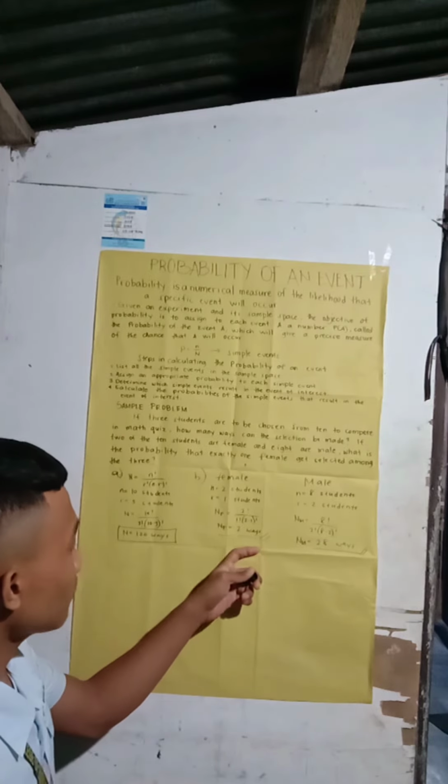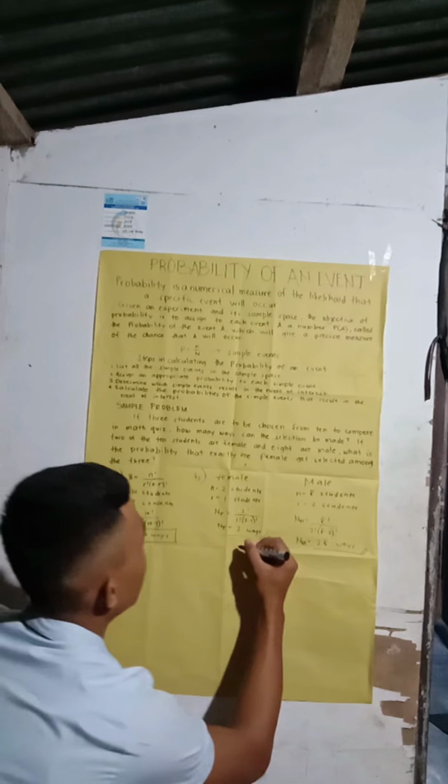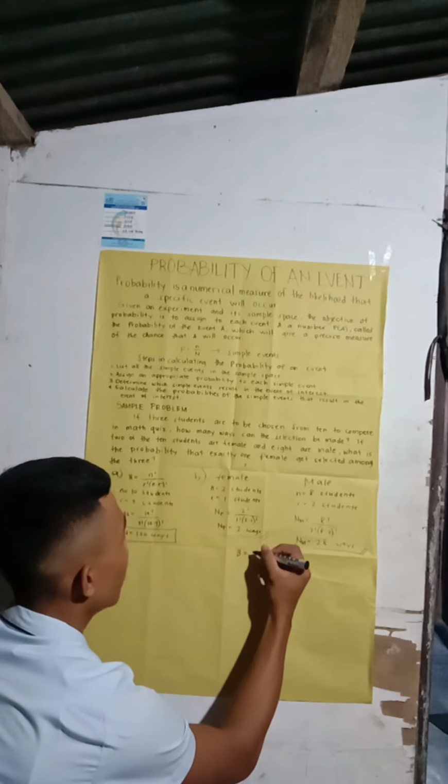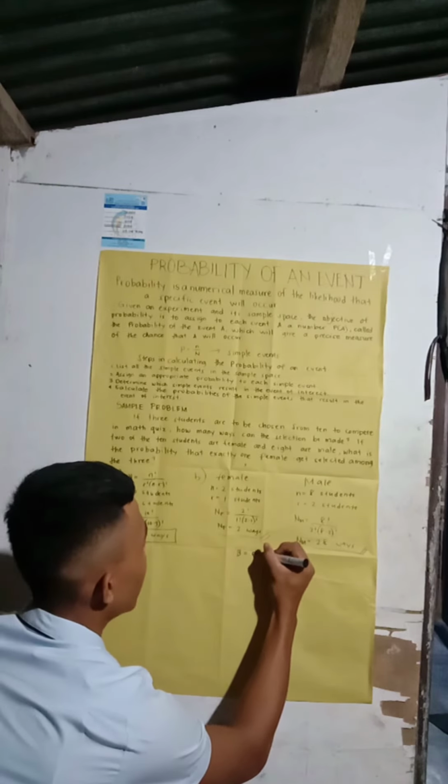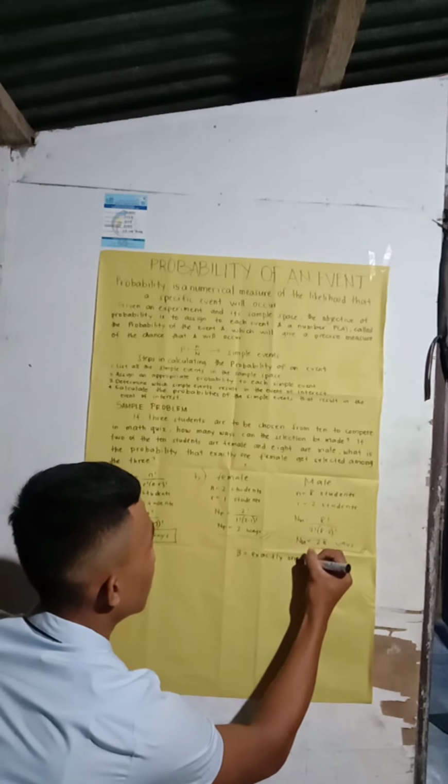Since we now have the ways to be selected for female and male, the next question is, what is the probability that exactly 1 female gets selected among the 3? Let B be the event that exactly 1 female is selected.